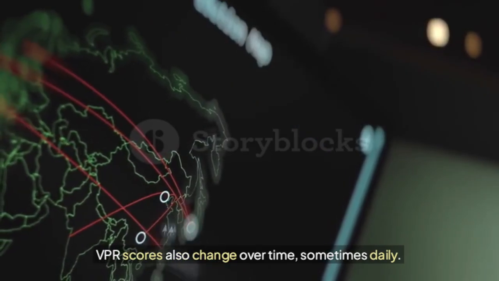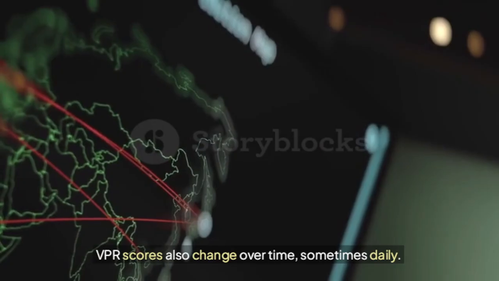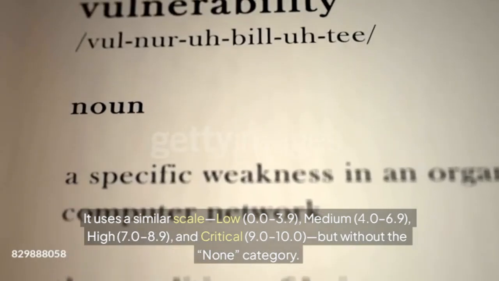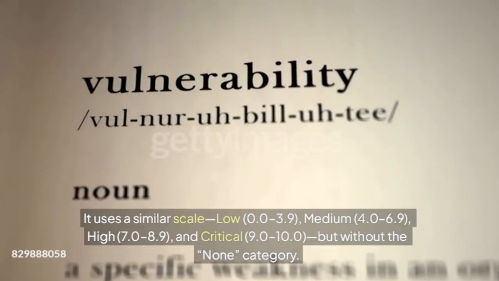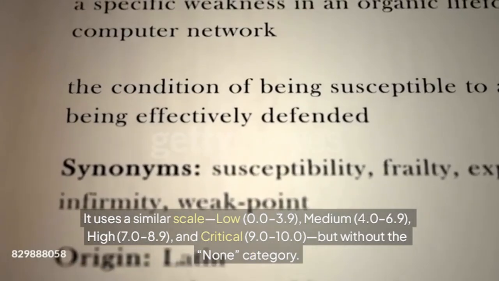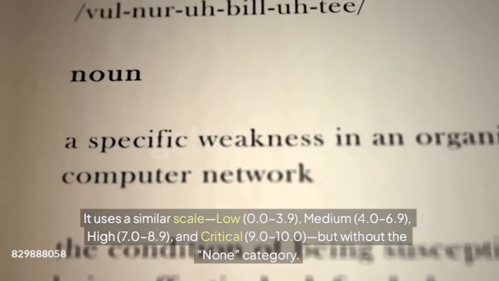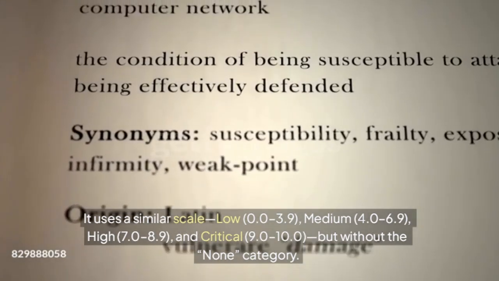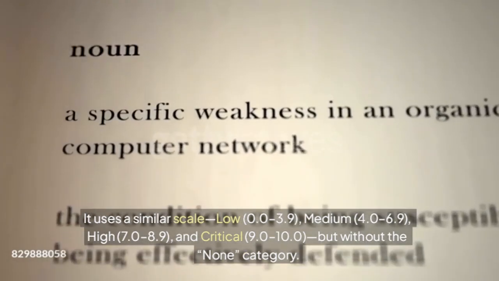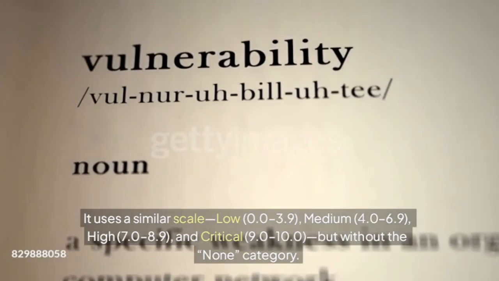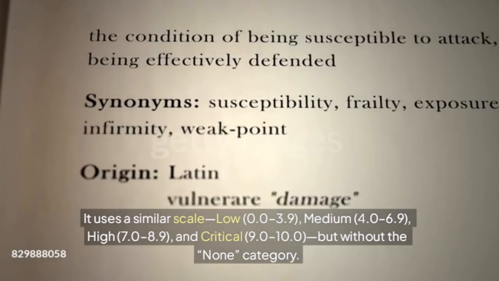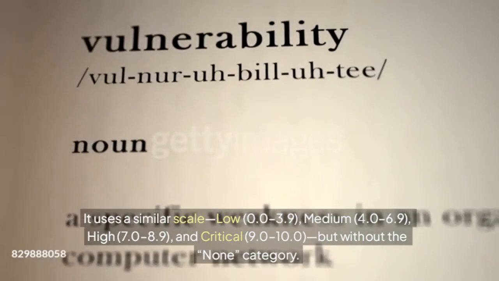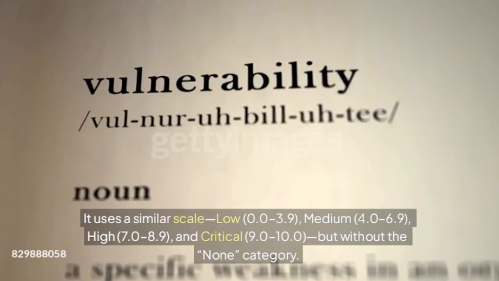It uses a similar scale: low, 0.0 to 3.9, medium, 4.0 to 6.9, high, 7.0 to 8.9, and critical, 9.0 to 10.0, but without the none category. VPR considers over 150 different factors to calculate its scores, which makes it powerful, but also exclusive. It's not open source and can only be used as part of a commercial platform. Also, it doesn't put much weight on the CIA triad, focusing instead on real-world risk.